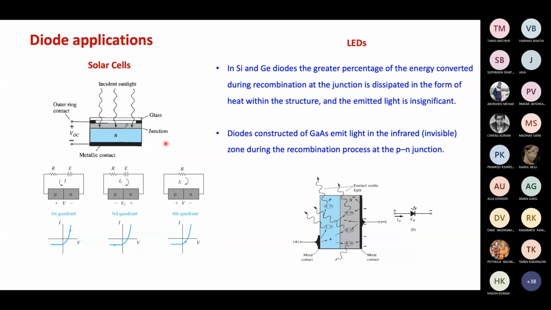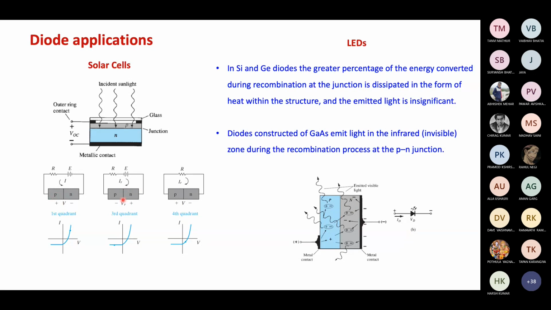So in solar cell, first and second diagram are not important because we don't apply any external battery. Yes, so it is just to show that these are not solar cells essentially. This is a forward bias diode. This is a reverse bias diode. And in forward bias, the diode is consuming the power.